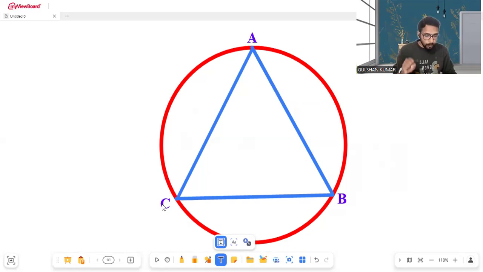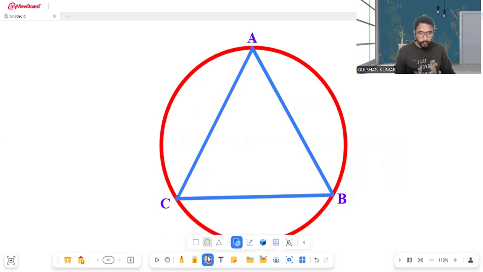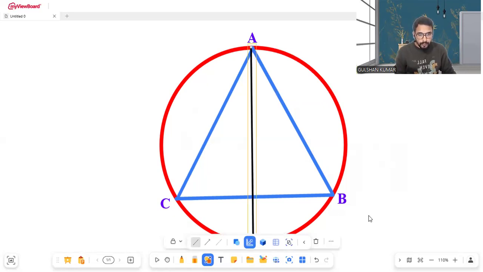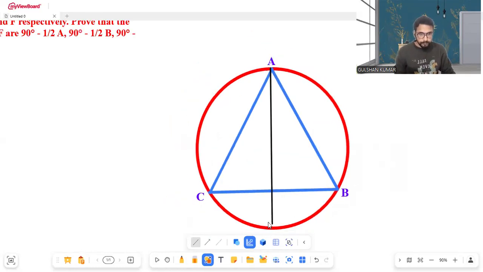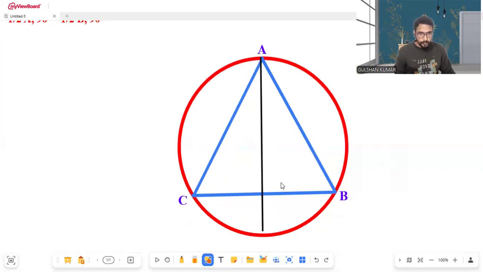So basically, in this triangle, we have a bisector first. Let us draw the bisector of angle A that will touch the circle.